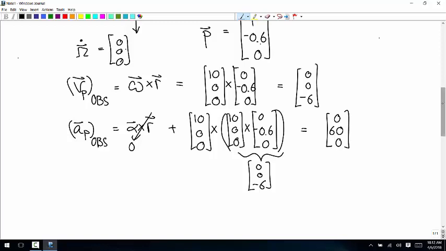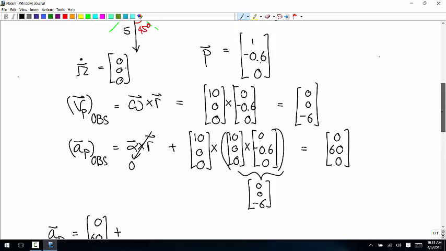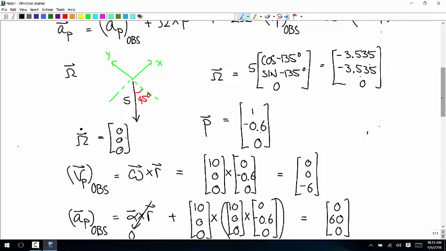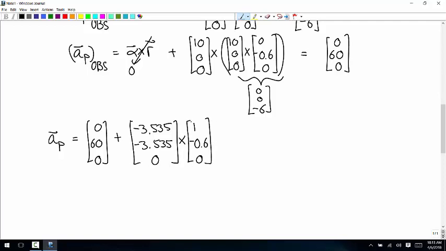And now we have all the parts, we can just put it together. So A sub P is equal to 0, 60, 0, plus negative 3.535, negative 3.535, crossed with the position vector of 1, negative 0.6, 0.